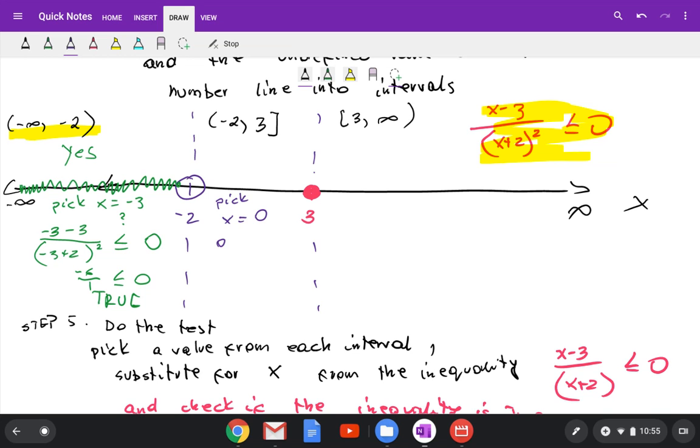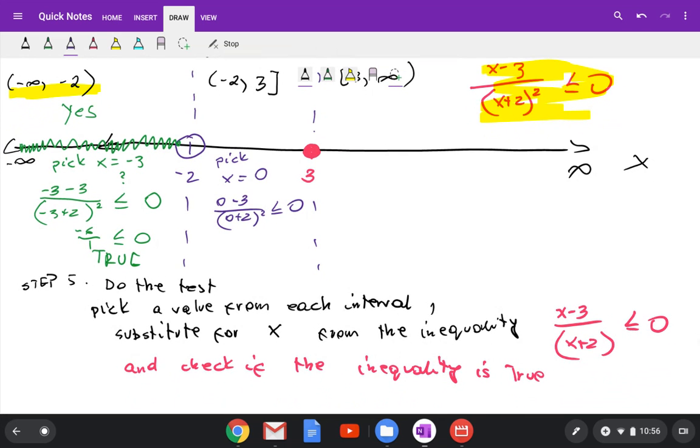So you're getting 0 minus 3 over (0 plus 2) to a second power, and I'm checking if I'm getting something negative. So I'm getting negative 3 over 2 to the second power, which is 4, less than or equal 0. This is definitely true. So yes, the interval from negative 2 to 3 is also the solution of that inequality. We're getting negative values, which is perfect.